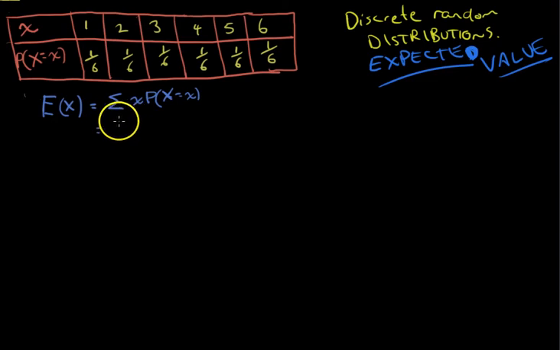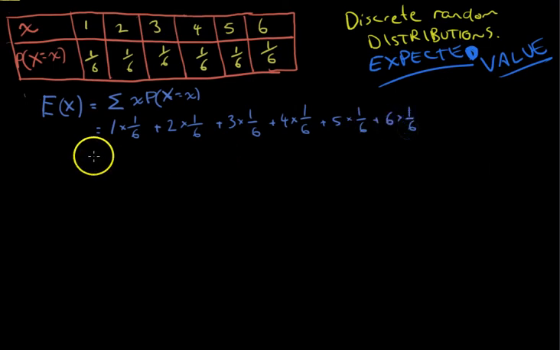So that means that we're adding 1 times 1/6 to 2 times 1/6. So 1 times 1/6, 2 times 1/6, 3 times 1/6, 4 times 1/6, plus 5 times 1/6, plus 6 times 1/6.